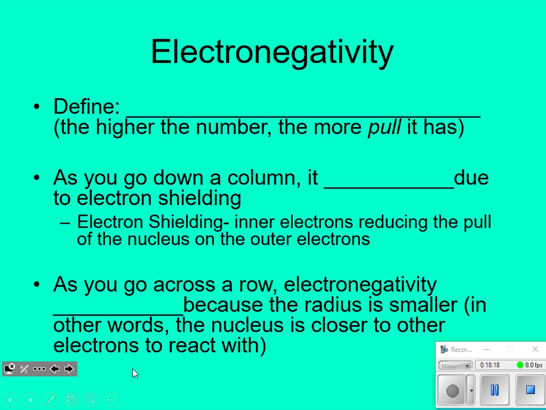I do remind you of what electron shielding is in this slide. Inner electrons reducing the pull of the nucleus on outer electrons. And the very last thing I put on this slide in parentheses is, in other words, the nucleus is closer to electrons to react with.